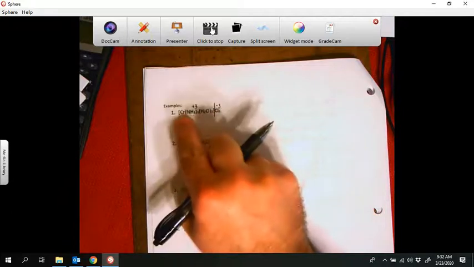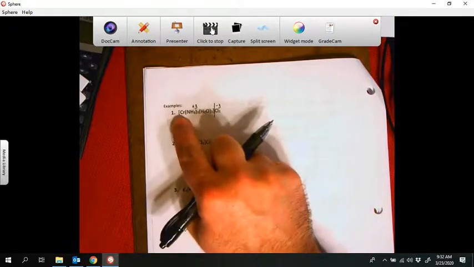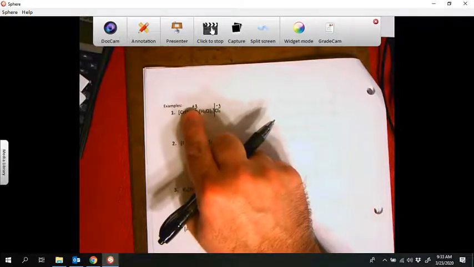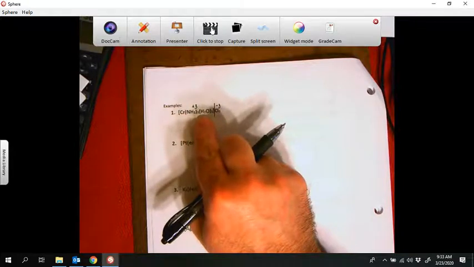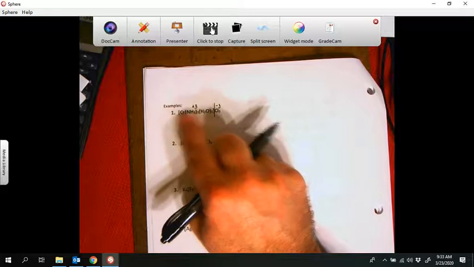Now that we know that this is +3, we can figure out what the charge of chromium is. We know that NH3 is neutral, and water is neutral, so we don't have to worry about those. So chromium has to be +3.